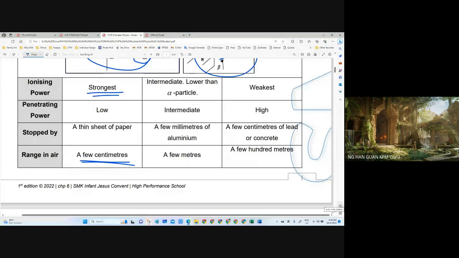After that, no more. As long as there is no dust of the radioactive source inside or on the surface of the object itself. Because once you have the source there, the source itself will keep releasing this radiation. That is the dangerous one, right?